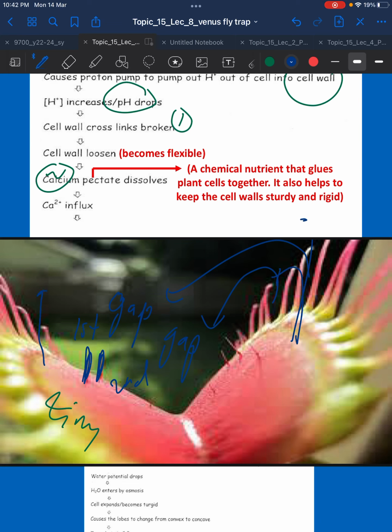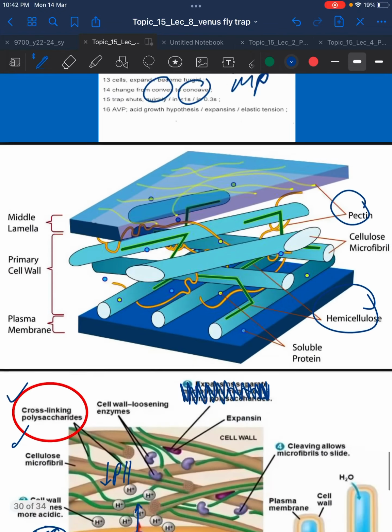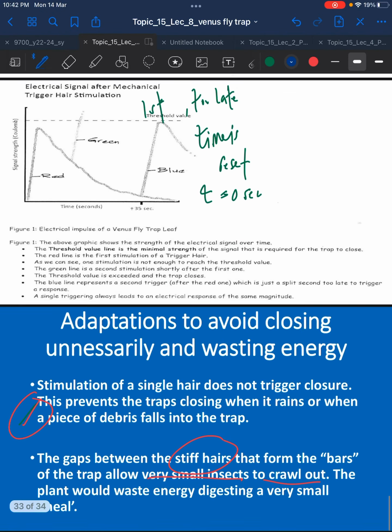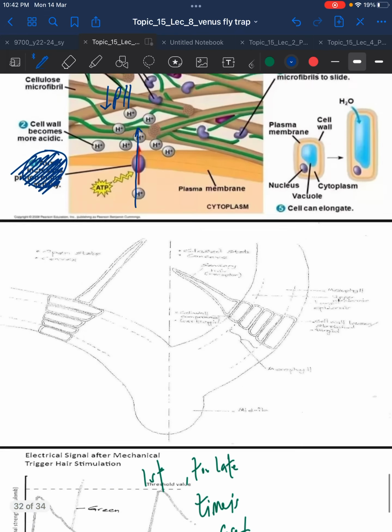That will also benefit the plant, because it's not worthwhile for the plant to digest small insects. So when the insect escapes, the trap will reopen again. So these are the two adaptations, a very good adaptation.